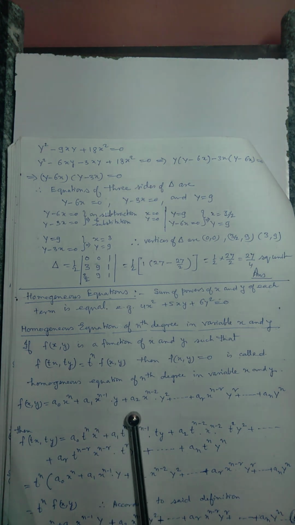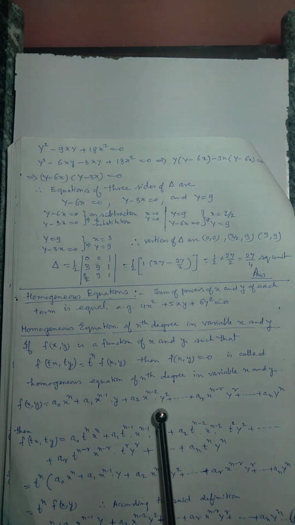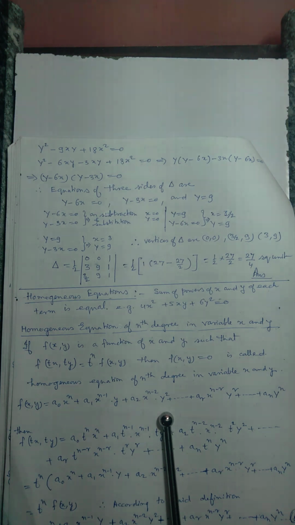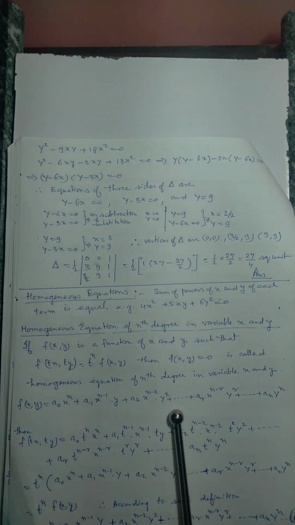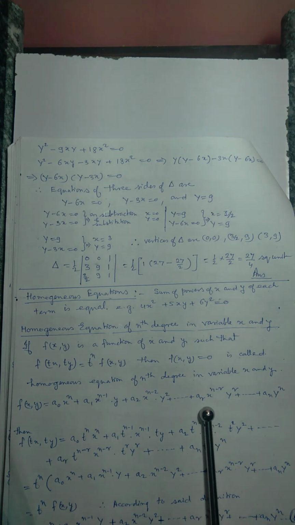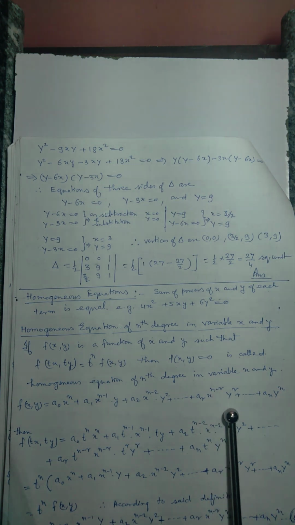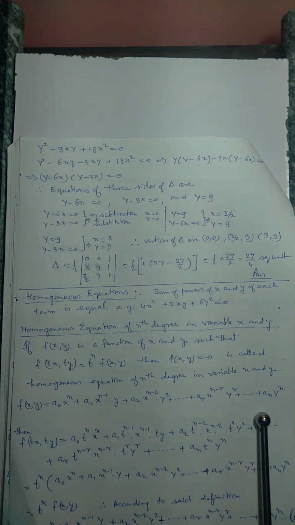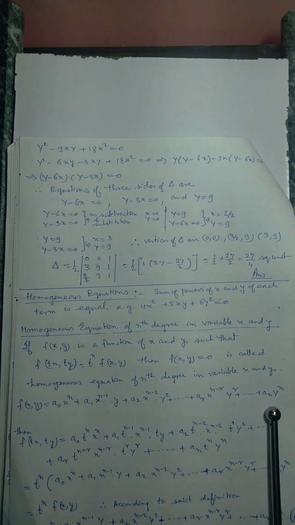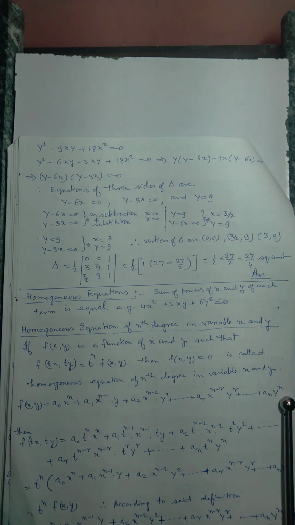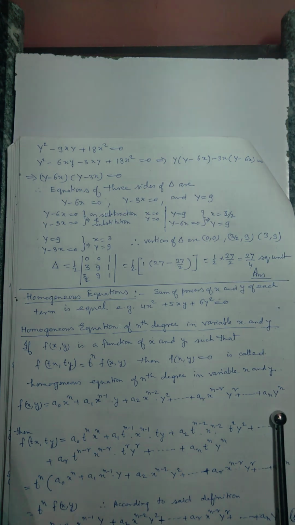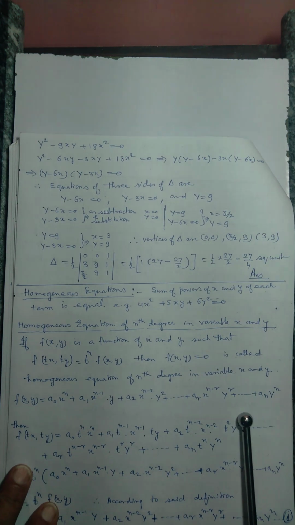Now the next term, that is a2 x raised to power n minus 2, and the power of y will be 2, plus and so on, ar x raised to power n minus r into y raised to power r, plus and so on, an y raised to power n. This will be our last term.